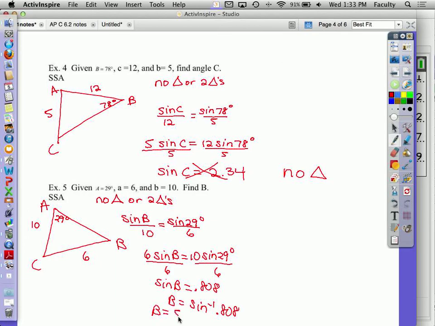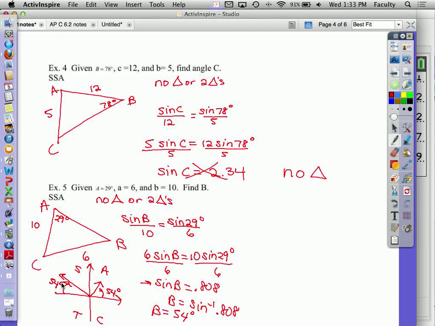Now here's the deal. All students take calculus. When I have sine B equals 0.808, that could either be 54 degrees from the x-axis in the first quadrant, or it actually could have been an obtuse angle in the second quadrant, and I don't know which one I have.